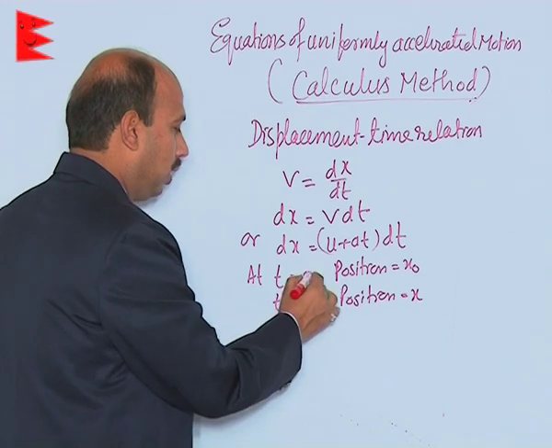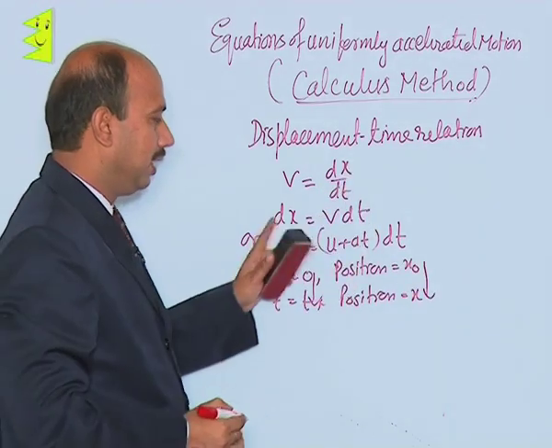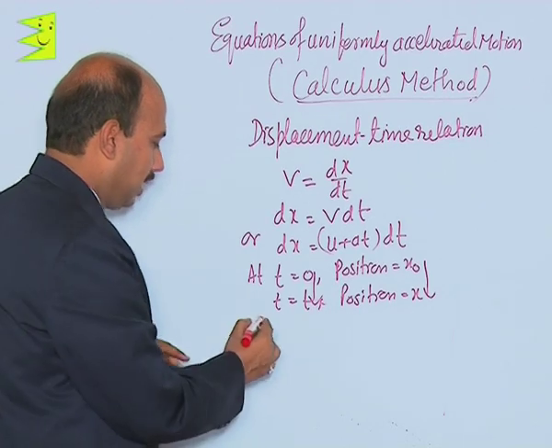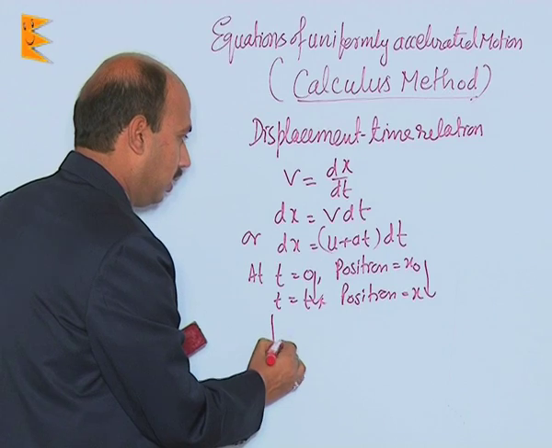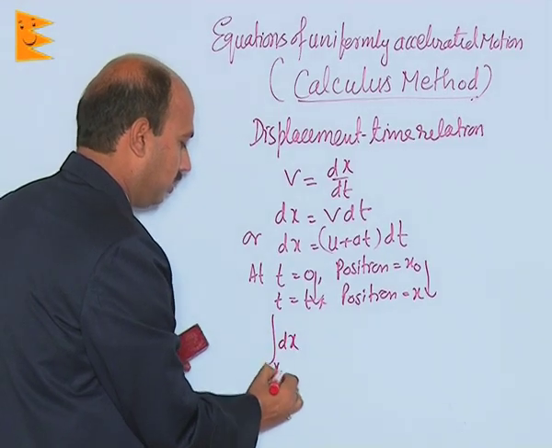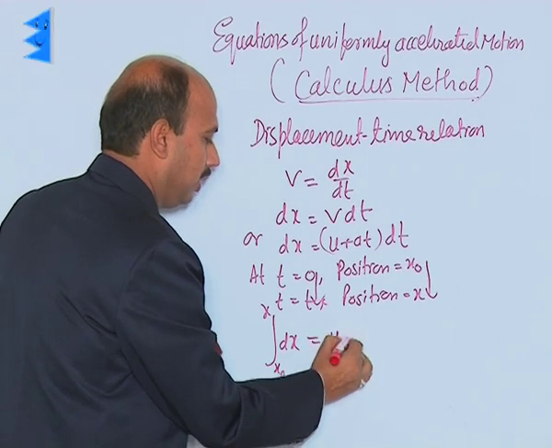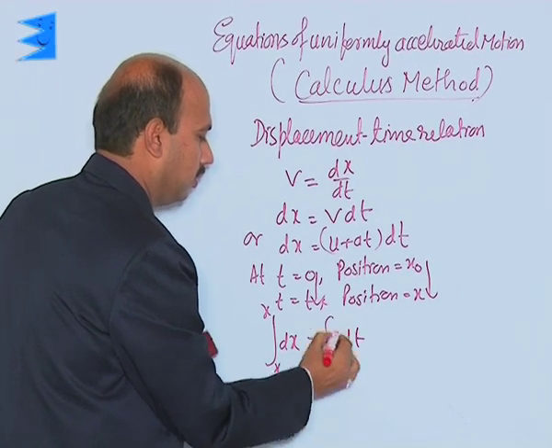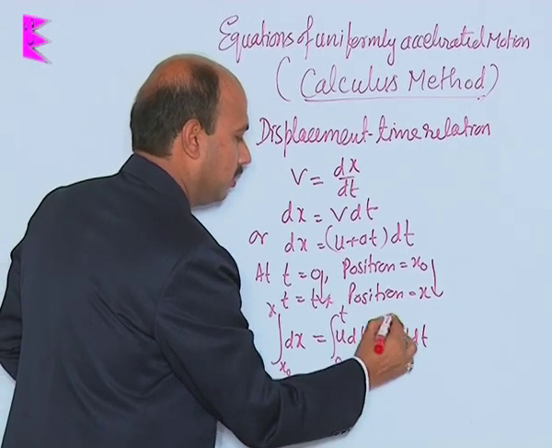By taking these two limits, 0 to t and x naught to x, we will integrate it. So, we will get the integral of dx from x naught to x is equal to the integral of u dt from 0 to t plus the integral of at dt from 0 to t.